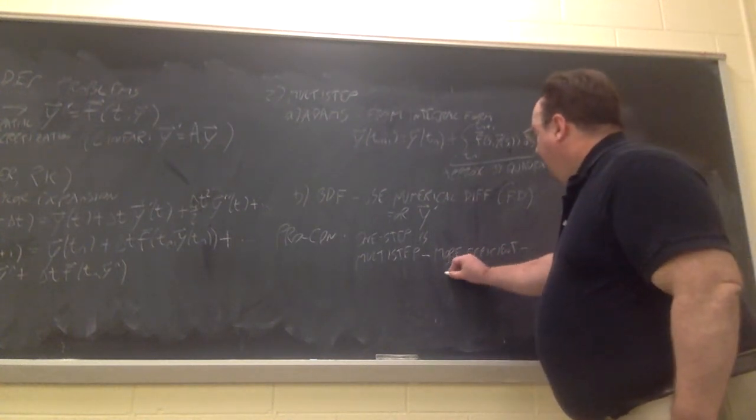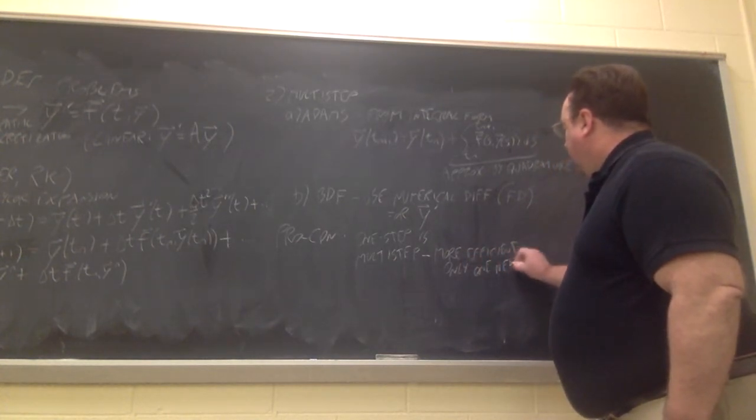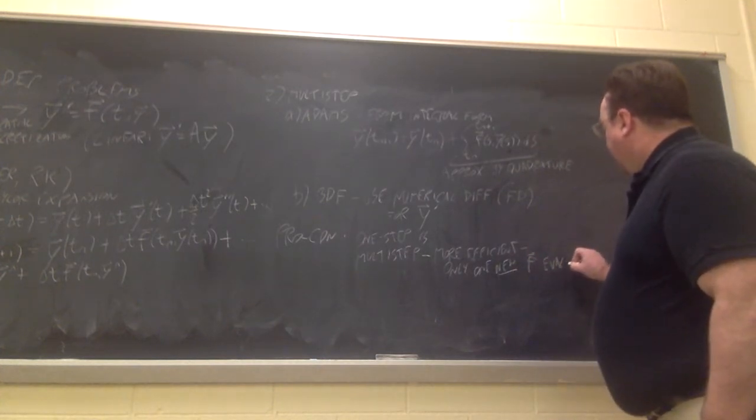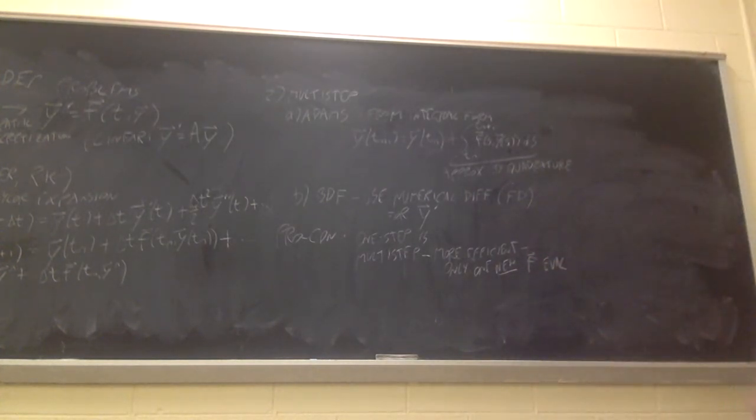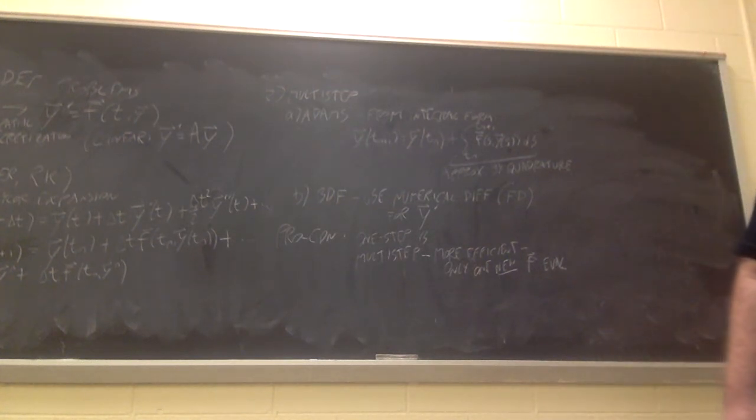So multi-step methods only require one new evaluation of f in each time step. In that sense, it's kind of like Euler's method, which evaluates f only once. Whereas Runge-Kutta method, like that fourth order one I wrote last time, requires 4 new evaluations of f every single time step. And there's some other Runge-Kutta methods that need even more. It's awful.